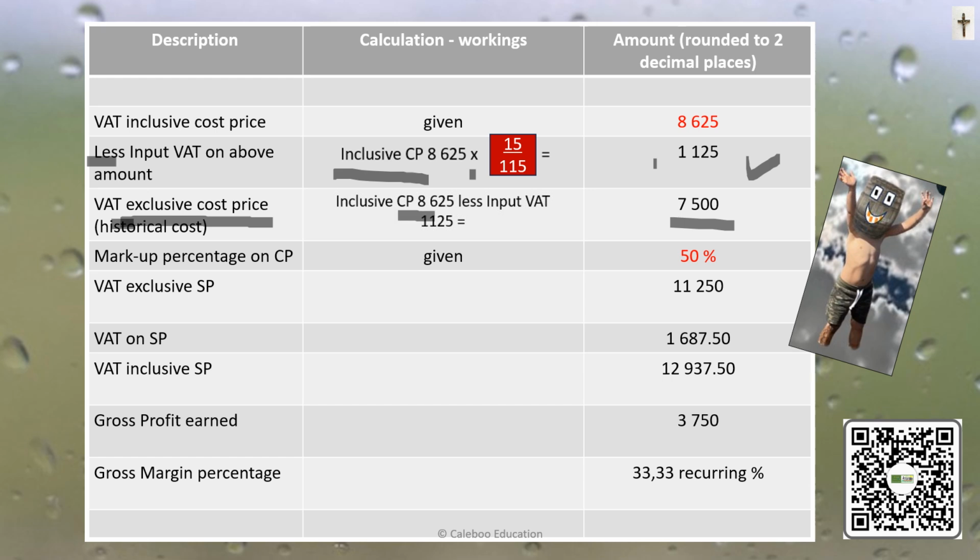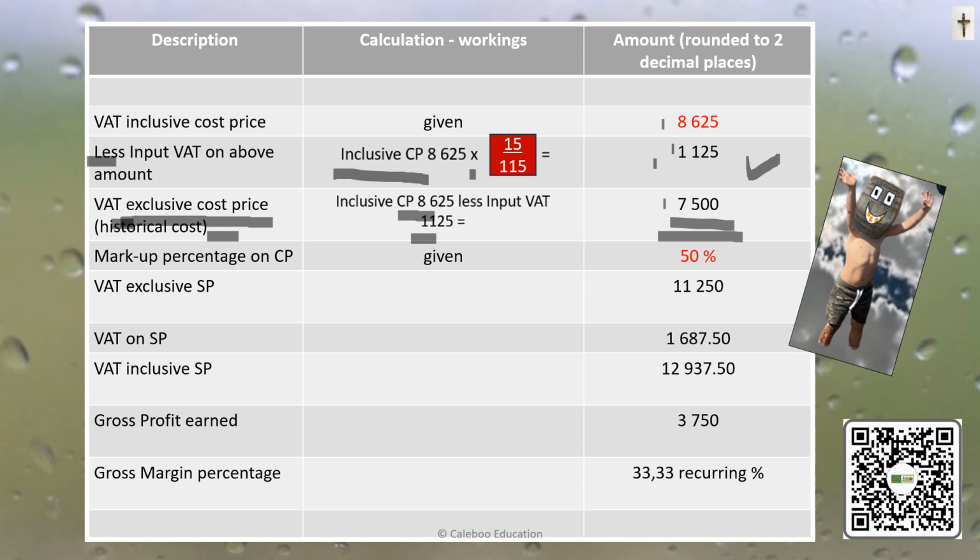The inclusive amount less the VAT is equal to the exclusive amount of 7,500. So the cost price excluding VAT is 7,500.